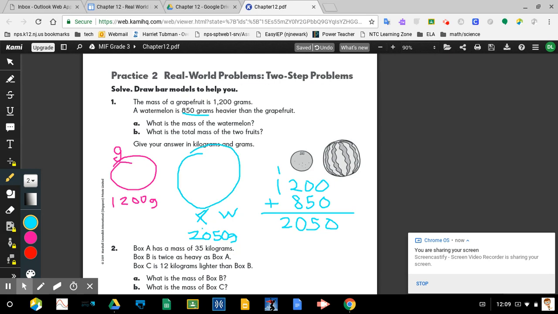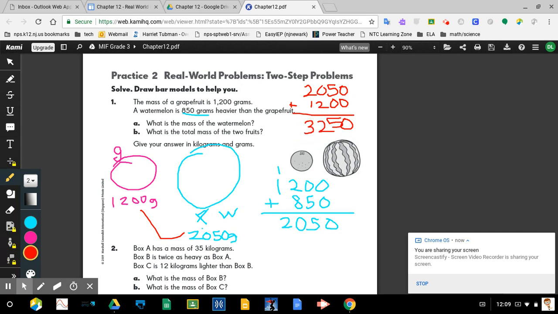And that's only part A. Part B says, what is the total mass of the two fruit? So I want both of these fruits together. And if I want both of them together, I know I'm also going to add that together as well. So I'm going to add my watermelon, which is 2,050, plus my grapefruit, which is 1,200, and that's going to give me the total of both fruit. 0 plus 0 is 0, 5 plus 0 is 5, 0 plus 2 is 2, and 2 plus 1 is 3.